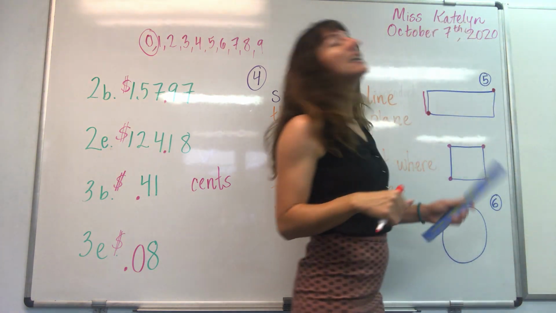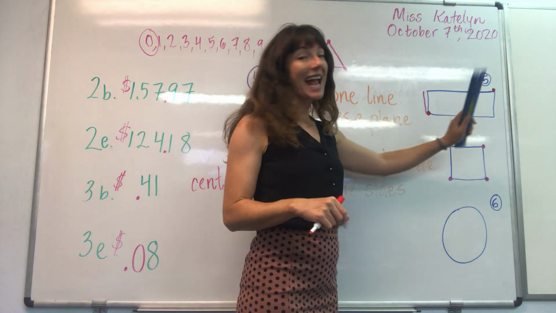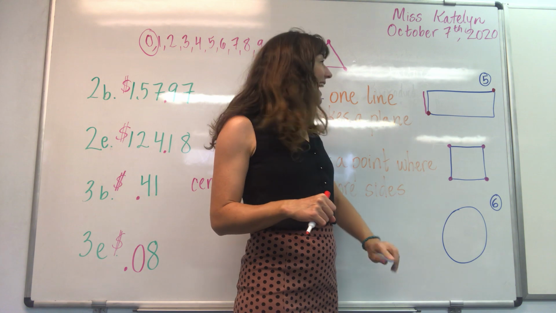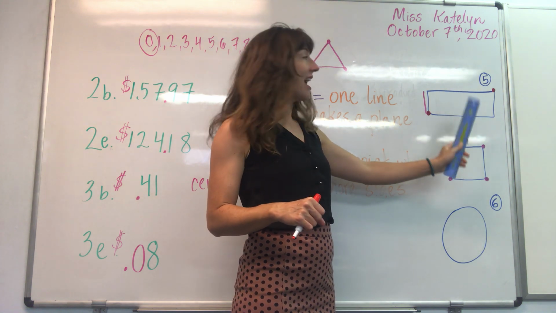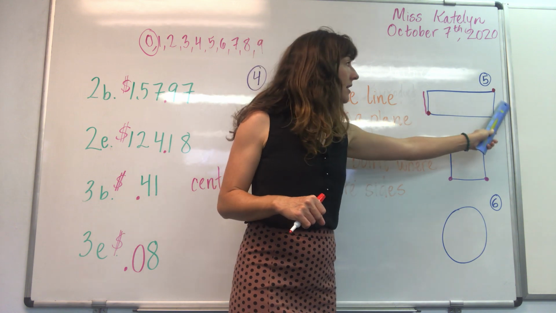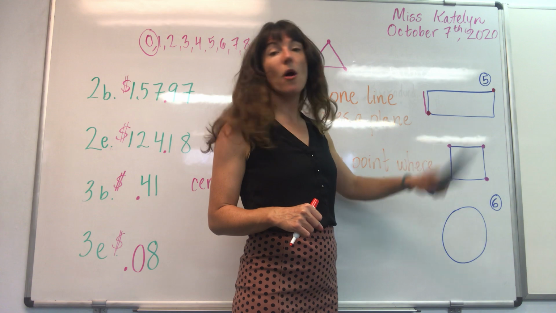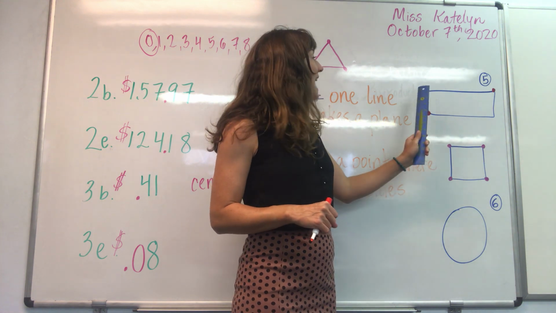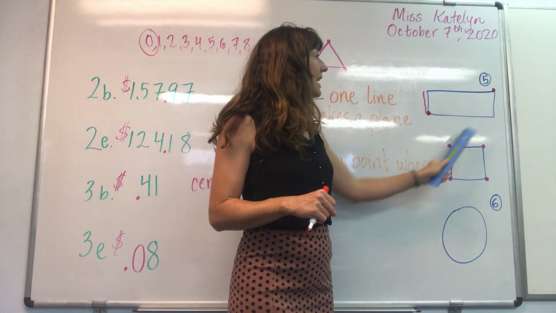A rectangle is a parallelogram with 4 right angles and 2 parallel sides that will never meet. Okay, so the top and the bottom are never going to touch. And the left and the right are never going to touch. There are 4 right angles.